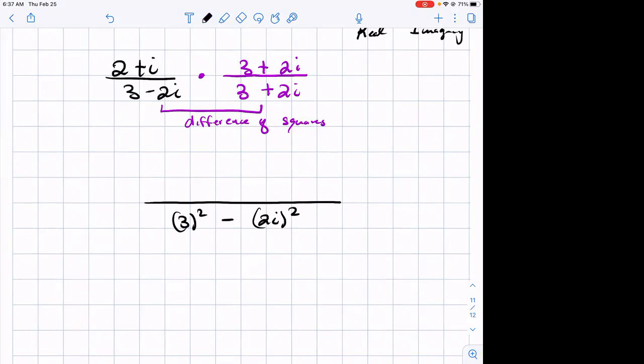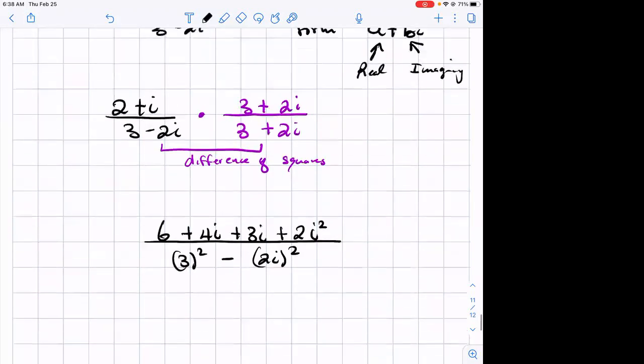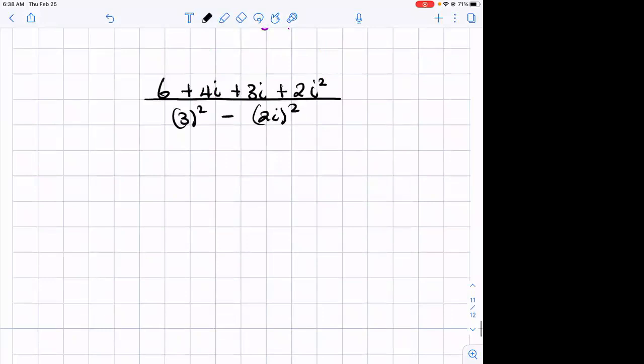And if you distribute the top using FOIL, you will get 6 plus 4i plus 3i plus 2i squared. We obtain that by multiplying these two. You know how to FOIL. Simplifying and combining like terms.